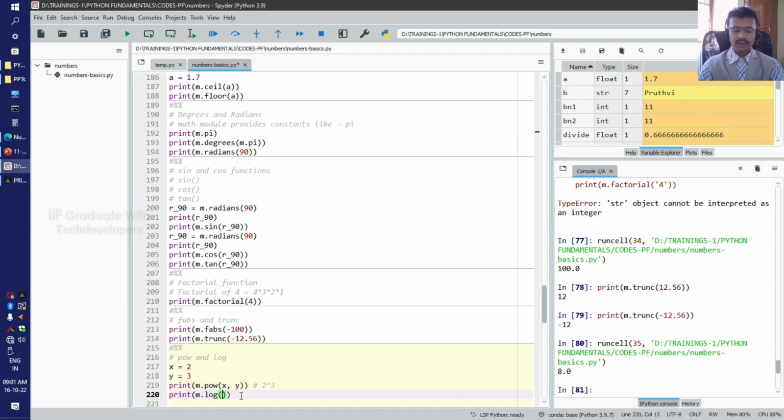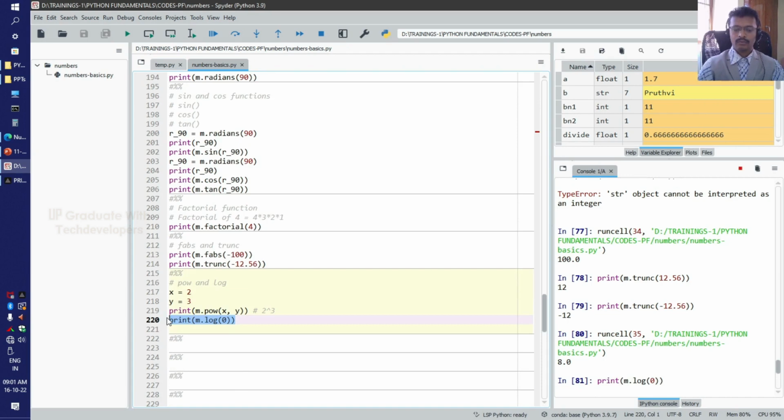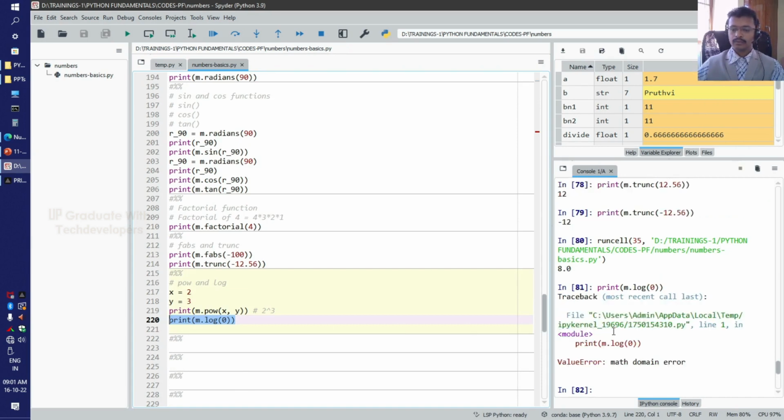Suppose I would like to create the natural log value of, say for example, 0. Math domain error.